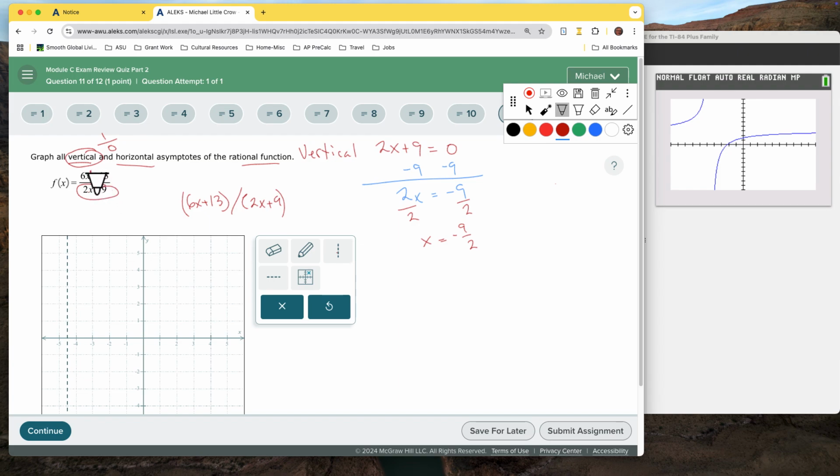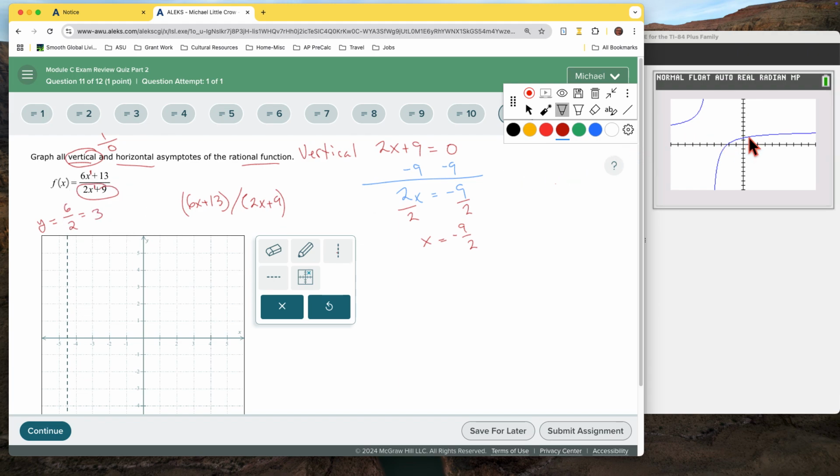This is x to the first power, x to the first power. Whenever the degrees are the same in the top and the bottom, the horizontal asymptote is going to be the ratio of the coefficients. So this will be like 6 over 2, and it's horizontal, so it's going to be y equals 6 over 2, which is y equals 3.